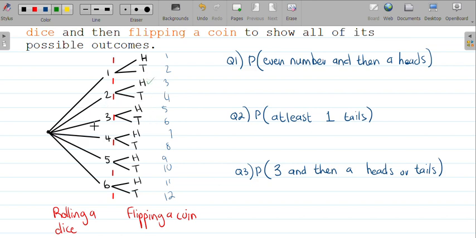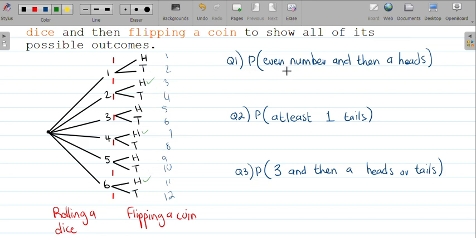We don't want tails. 3, we don't want at all. 4 is an even number and then a heads, we want that one, but not tails. 5 is an odd number, we don't want that at all. 6 is an even number and a heads, we want that. 6 and a tails, we do not want. So there you have it, we have our 3 identified desired outcomes.